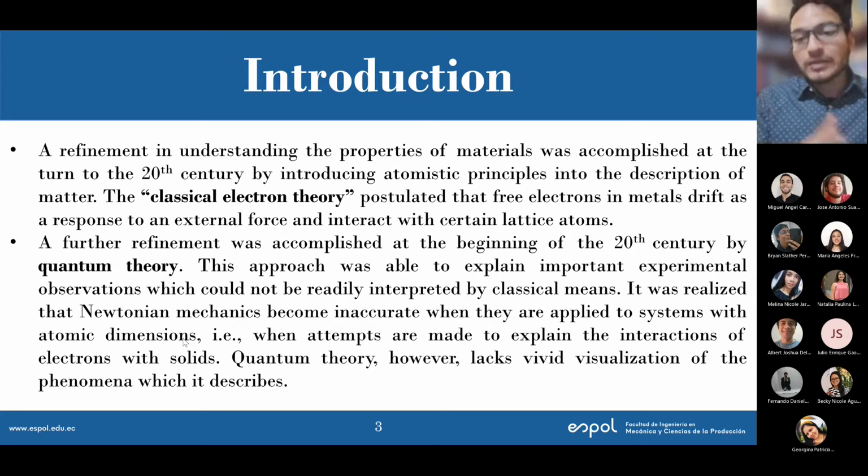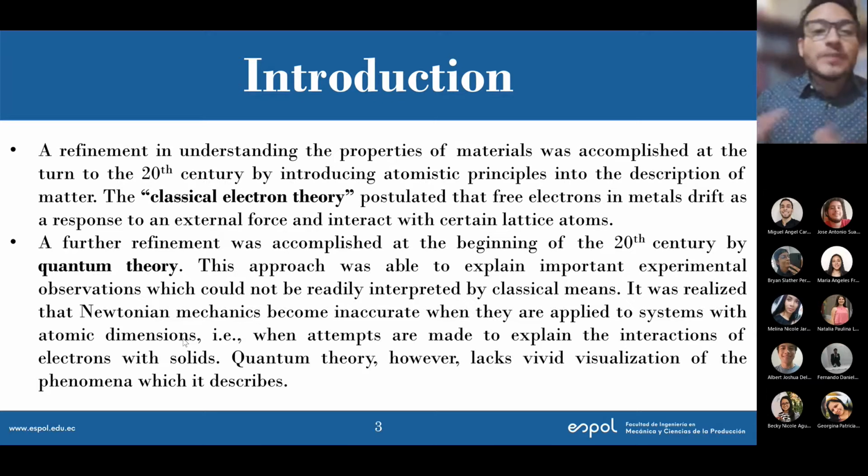That means by the classical electron theory, right? And so things became a lot more difficult because people realized that Newtonian mechanics became completely inaccurate when we were talking about atomistic dimensions.